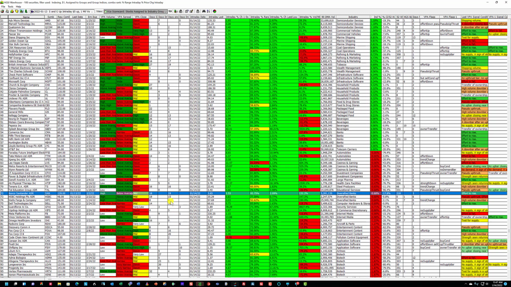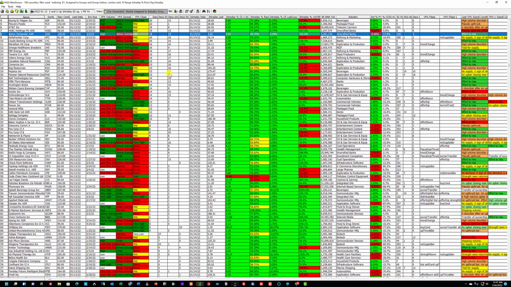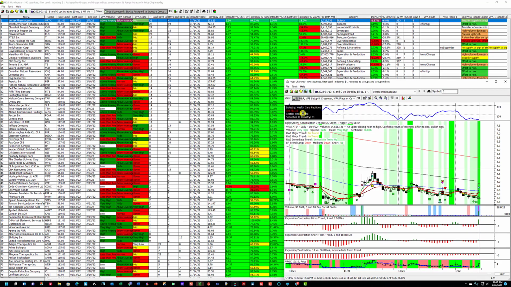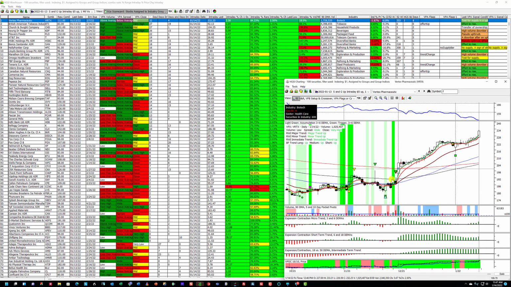Now let's look for, I'm going to sort up here. You sort on this column, and you can tell the stocks that crossed over a month ago, days since the VPOC. So that tells me it crossed over, pulled back, and is going again. Is that the case? There it went.